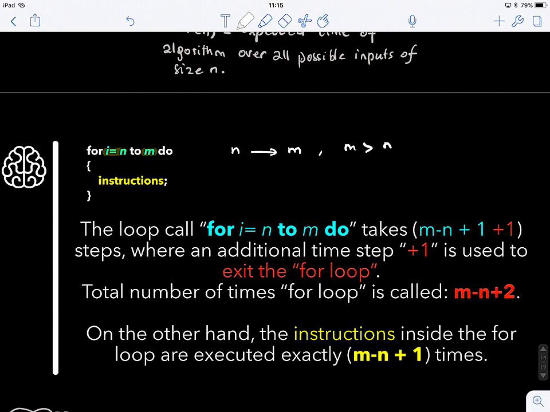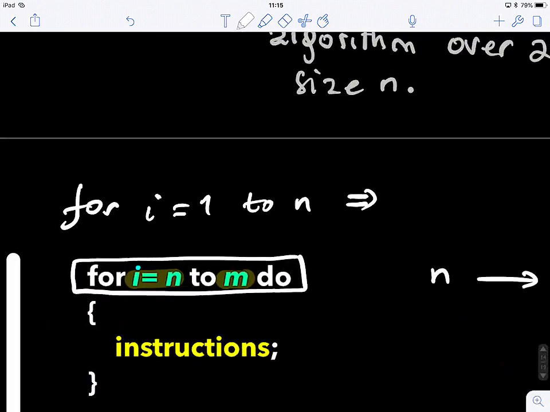The easiest one, which you are familiar with, is i from 1 to n. Let's start with this one. How many times will we execute this instruction, just the for one? How many times will we execute it?